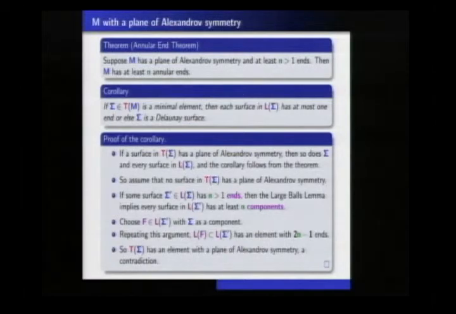If you have a plane of Alexander symmetry and you have more than one end, we have an annular end. Then you're asymptotic to a Delaunay surface, and then you have Delaunay surface limits. So that means we don't have a plane of Alexander symmetry.